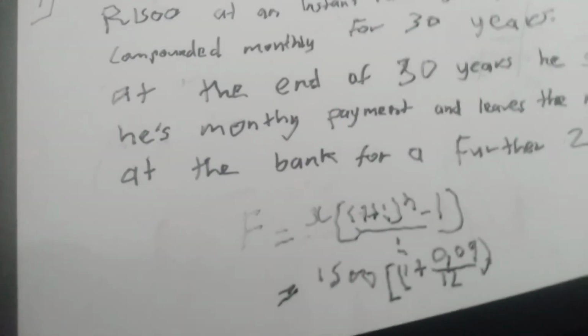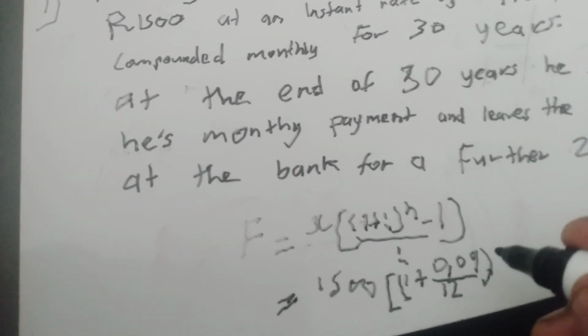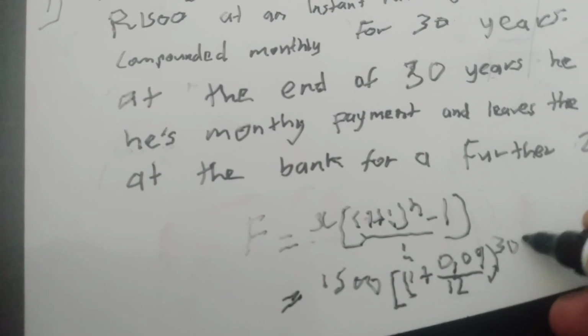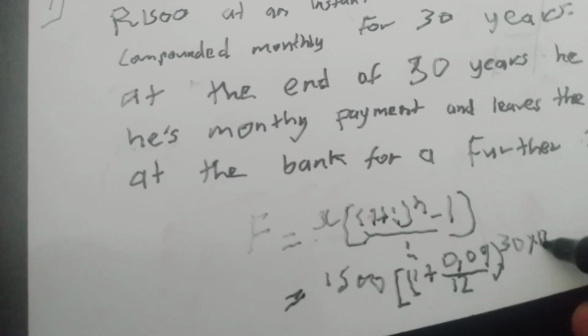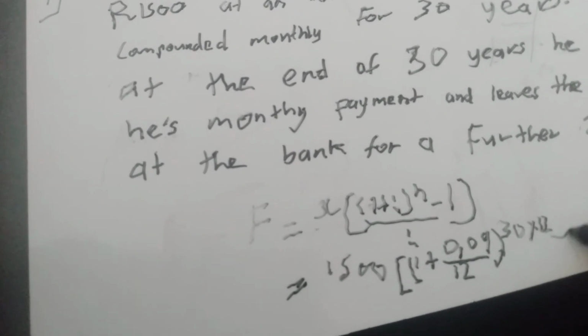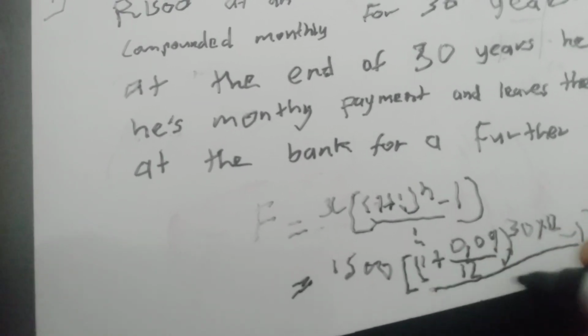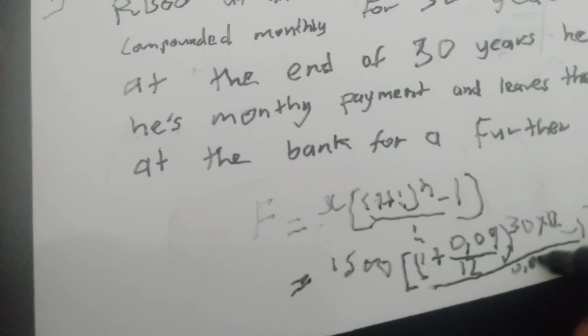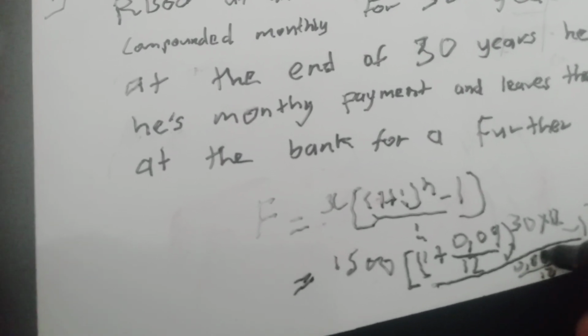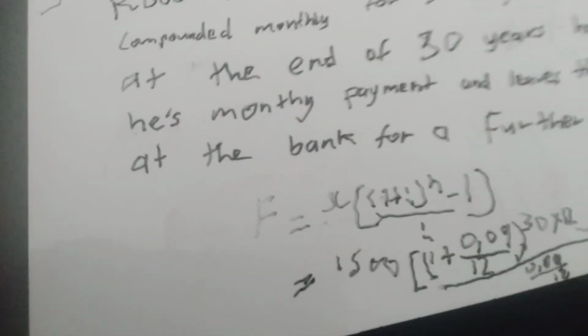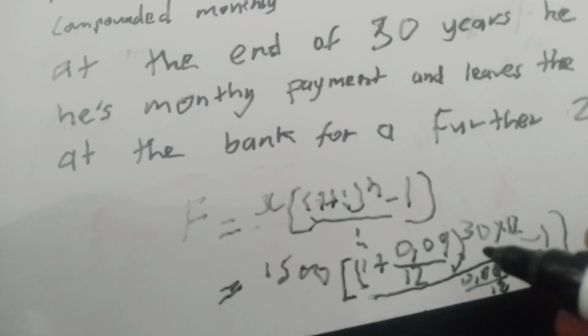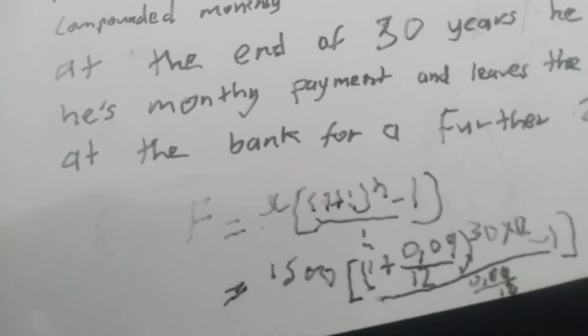We know it's 30 years, and then 30 times 12, I think it's going to be 360. So this is all divided by i again, which is 0.09 over 12. I substituted 30 because the guy has been paying up until the 30th year.